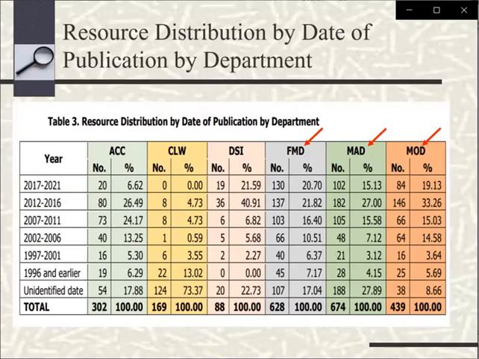Others were mostly published between 2007 and 2011, that is 15.03%, and between 2002 and 2006, 14.58%. However, 19.13% of reading materials used were published in the years 2017 to 2021.